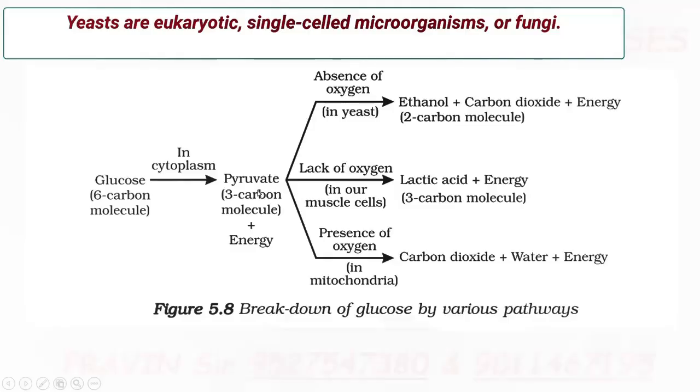Second, pyruvate is broken down into lactic acid plus energy when there is a lack of oxygen. This reaction takes place in muscular cells. Third reaction, pyruvate is broken down into carbon dioxide plus water plus energy. This reaction takes place in mitochondria.